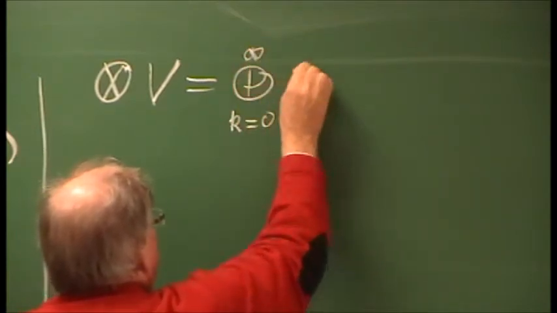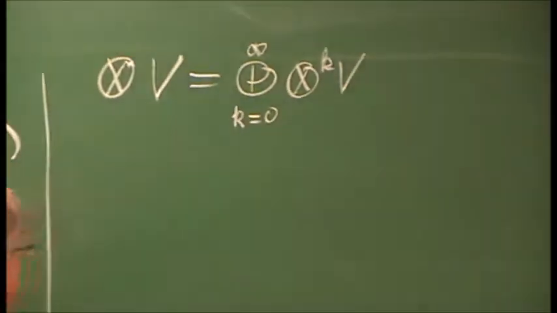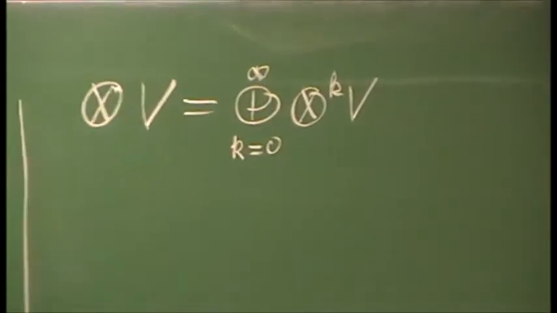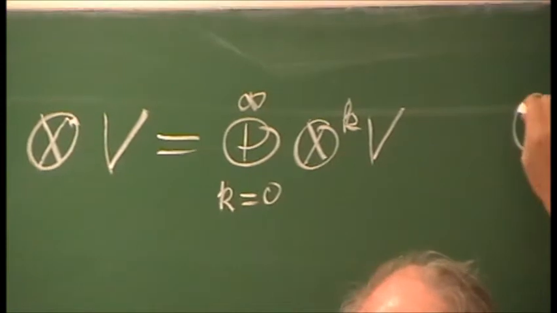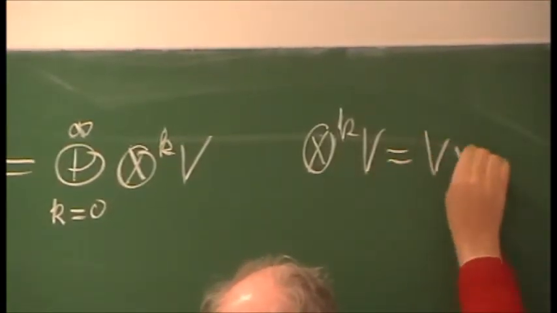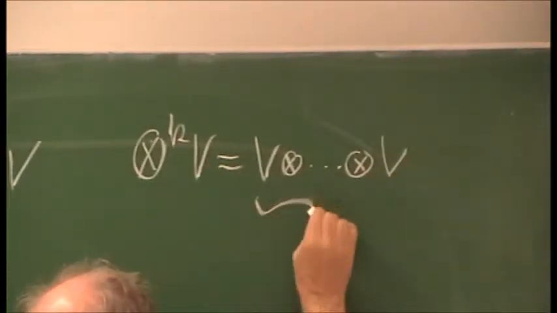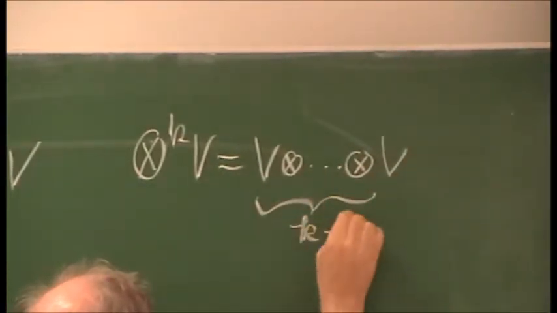This will be the direct sum of the k-fold tensor product of the vector space with itself. Let me just make sure the notation is clear. The k-fold tensor product of itself means k times recursively.